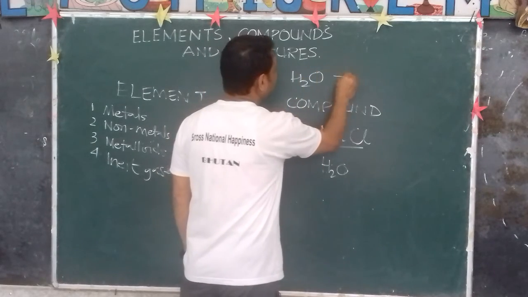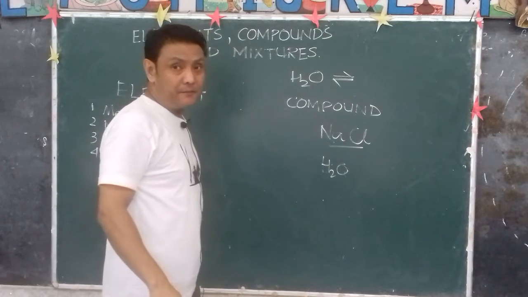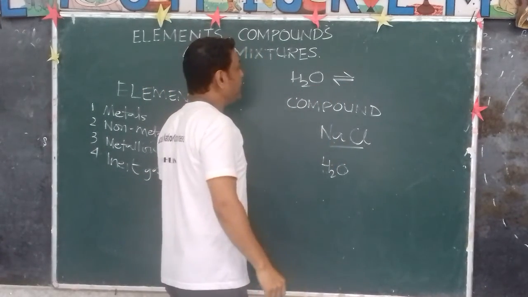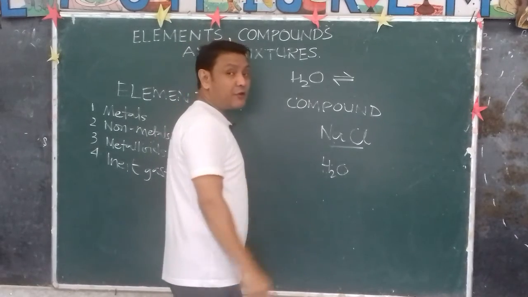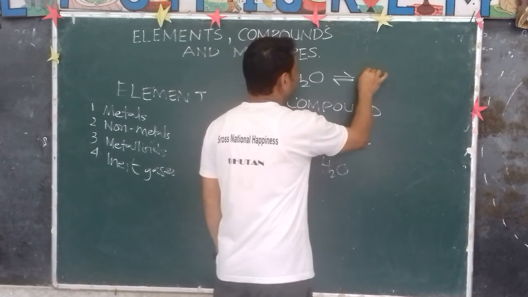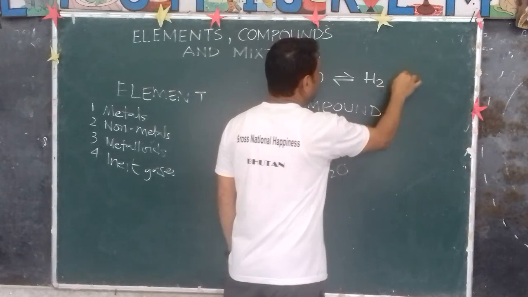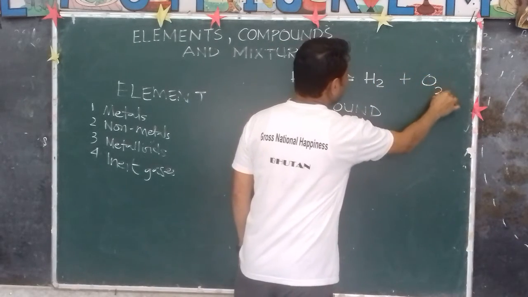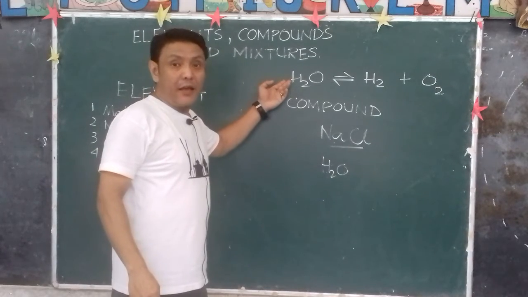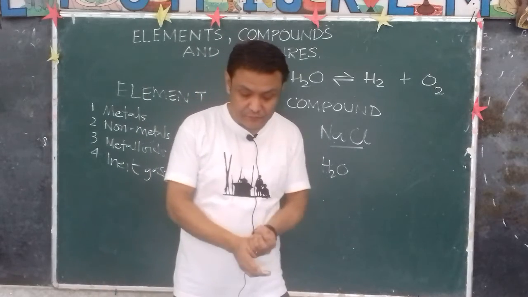When we pass direct electric current through water in a special apparatus, the process is called electrolysis. Now water will break up into hydrogen and oxygen gas. So we can do it chemically, but not by any physical means.